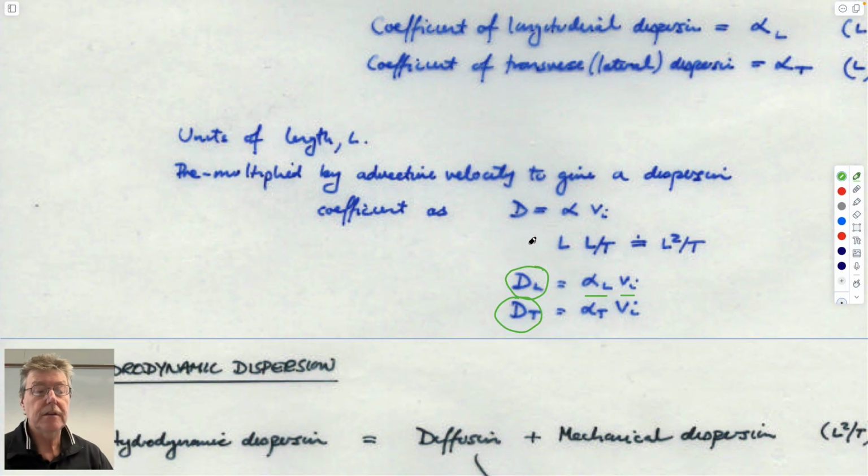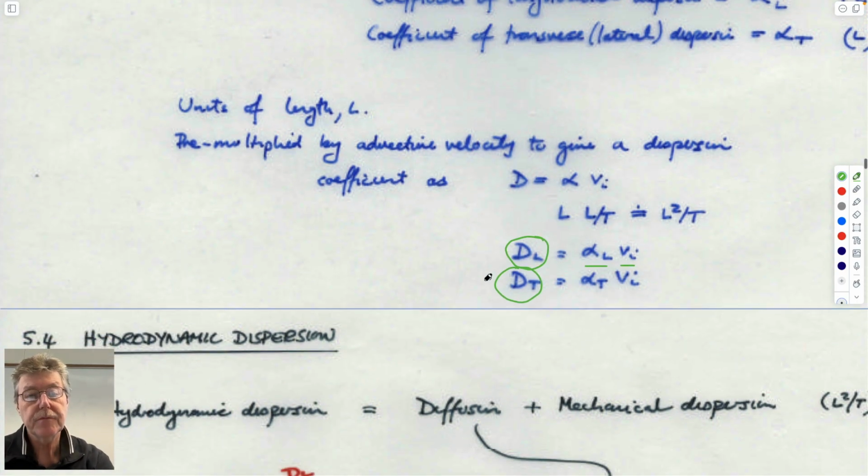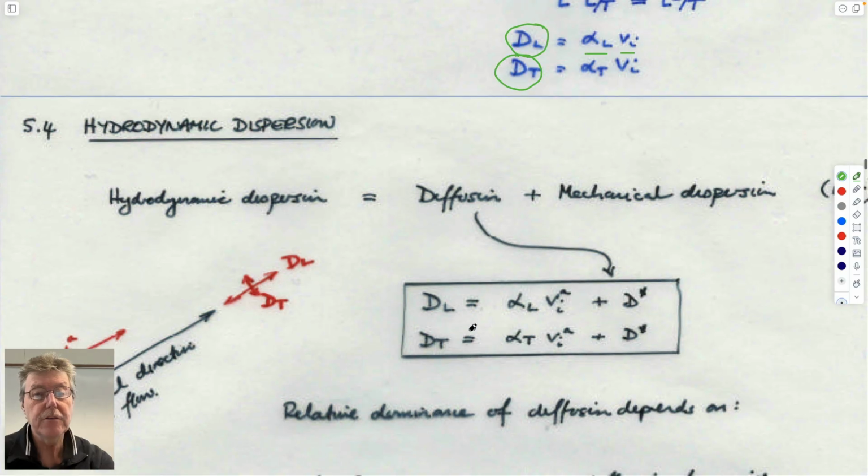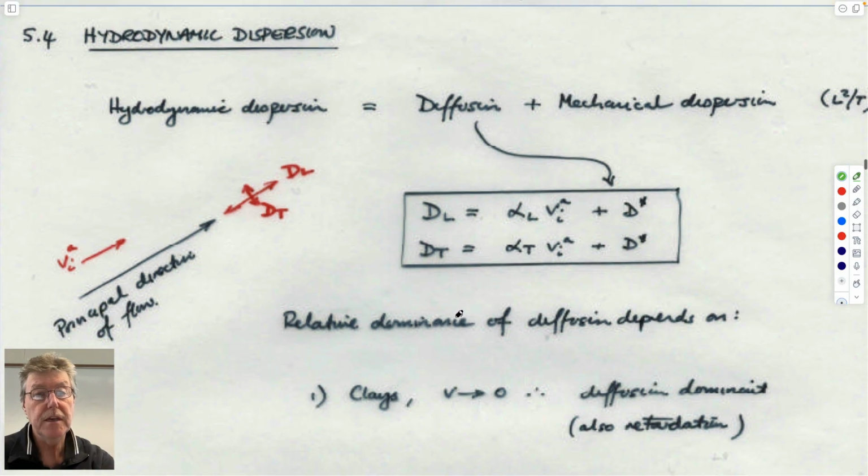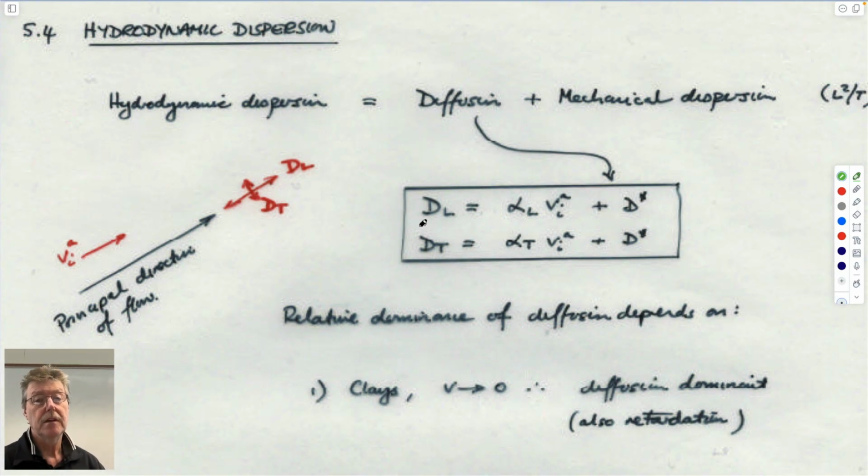And so if we want to look overall at the behaviors that we'd want to apply to this system, finally the values that we'd apply would be this. So this is two components. This is due to chemical diffusion, and this is due to mechanical dispersion.